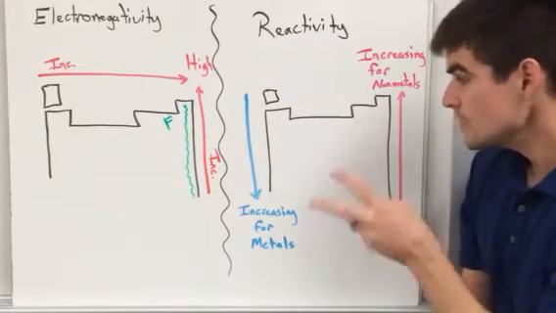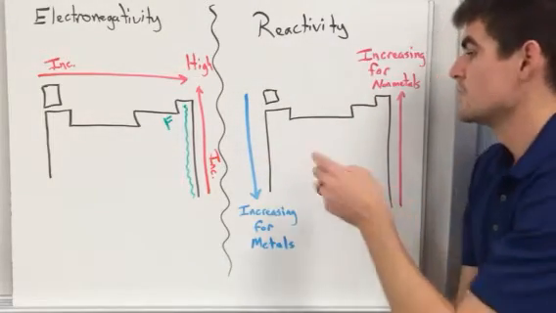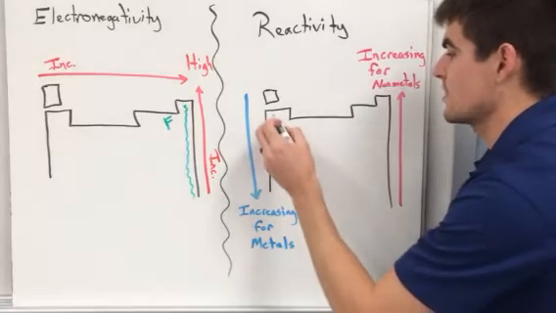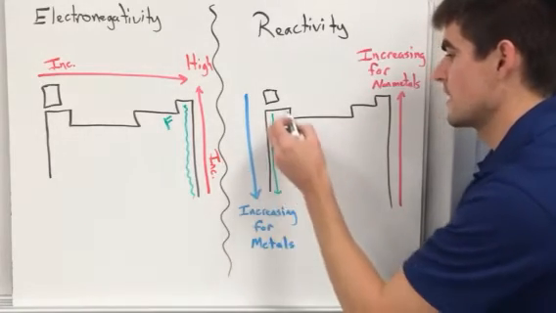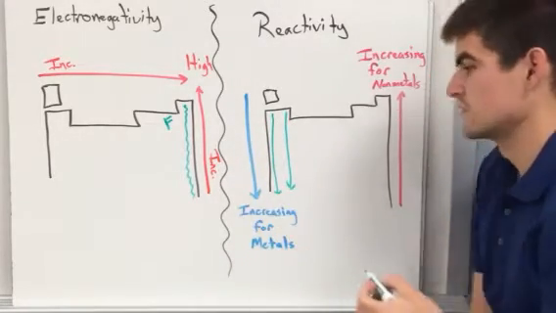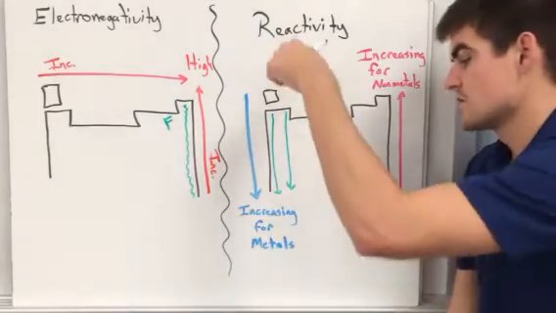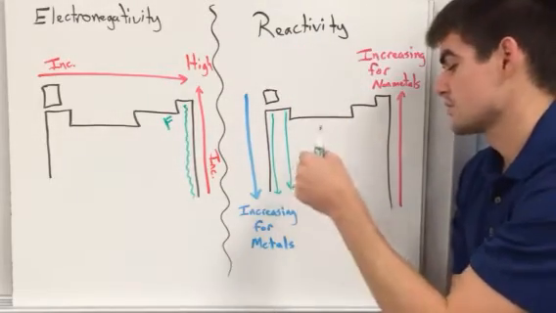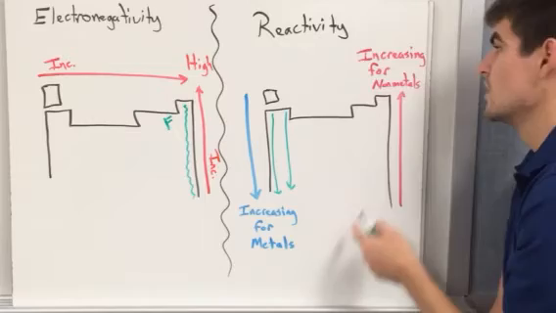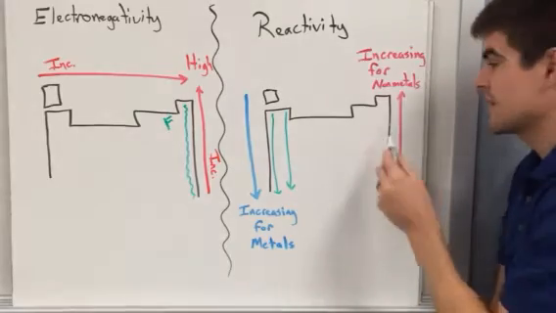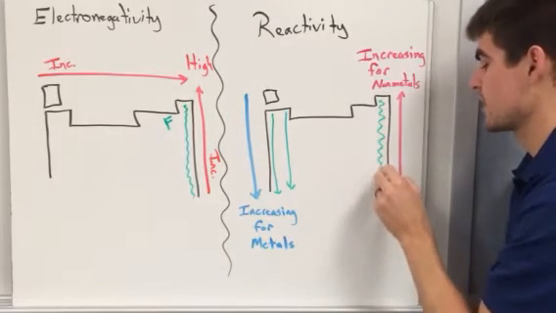Reactivity, 2 trends here. You have one for metals, and metals we're talking usually about alkali metals and the alkaline earth metals. As you go down that column, down that group, it increases. For nonmetals, again, we're not talking about your noble gases.